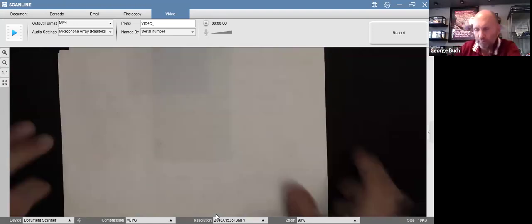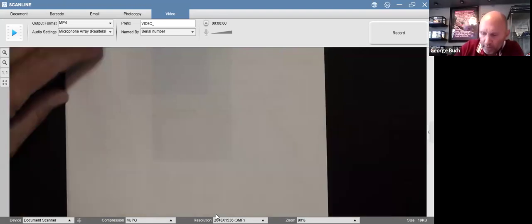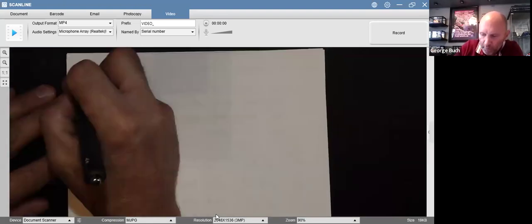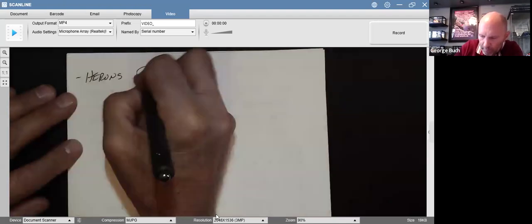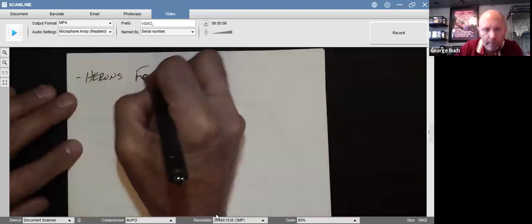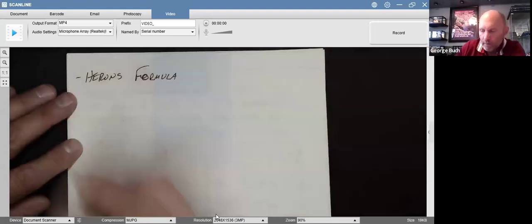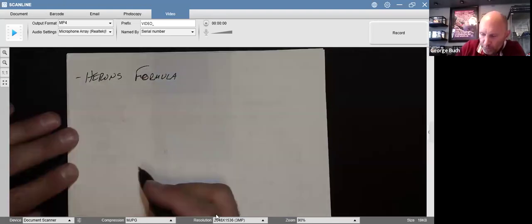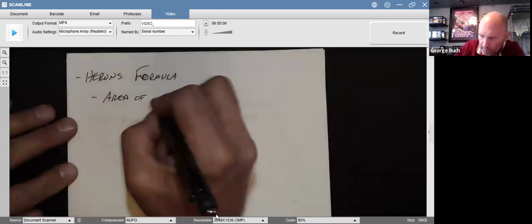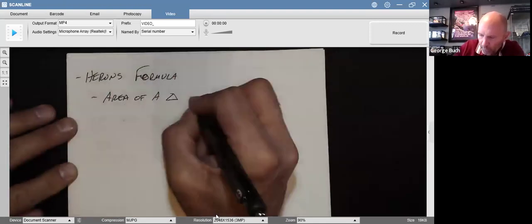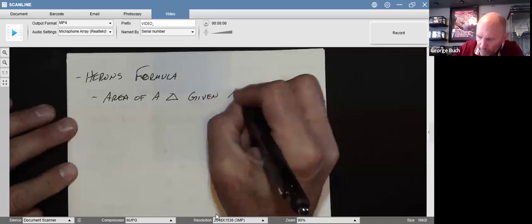So the last thing that we're going to be talking about here is what's called Heron's formula. And this is for area of a triangle given all three sides.